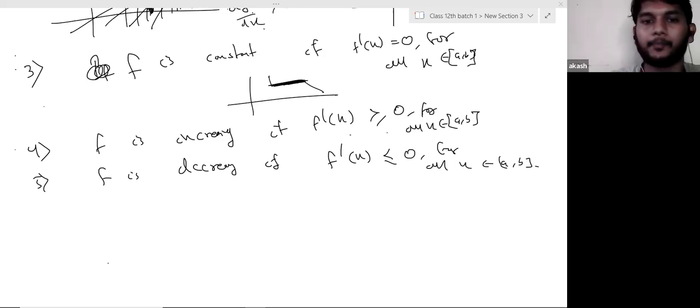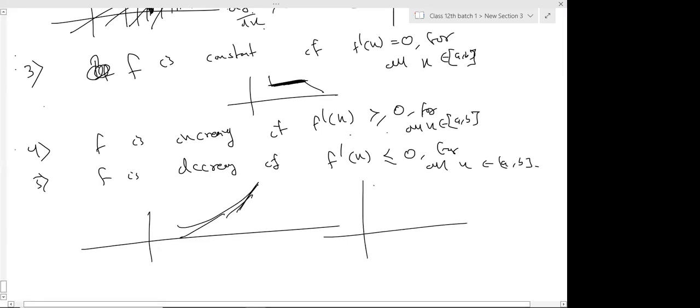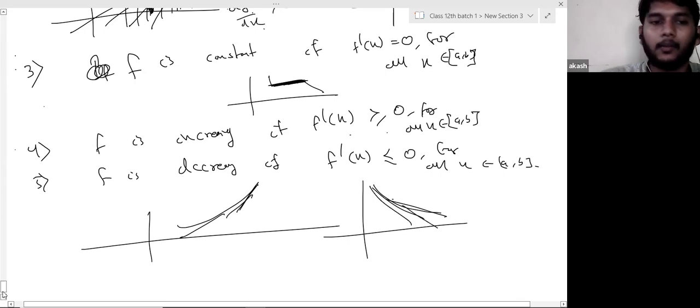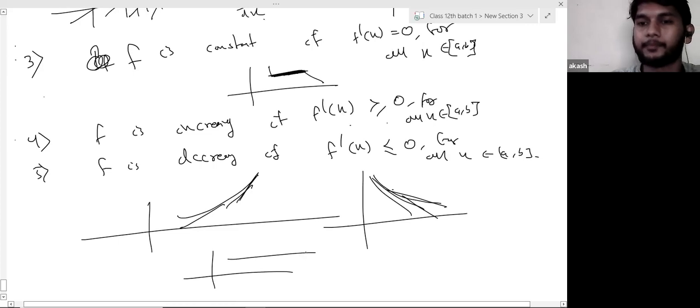All right. We saw that if the function is increasing, then the tangent makes a positive slope. Right, Krishna? This is right. Yes, sir. If a function is decreasing, the tangent makes a negative slope. What happens when the function is constant?